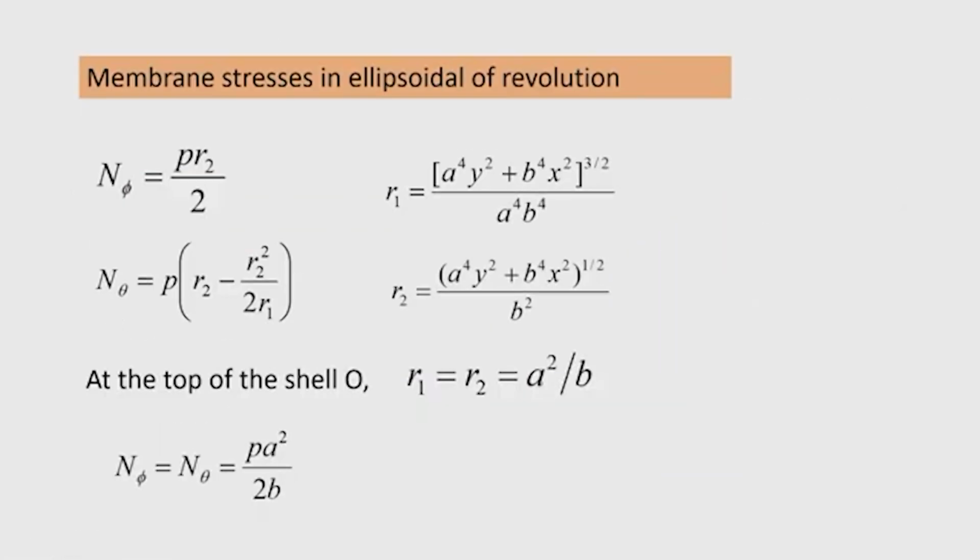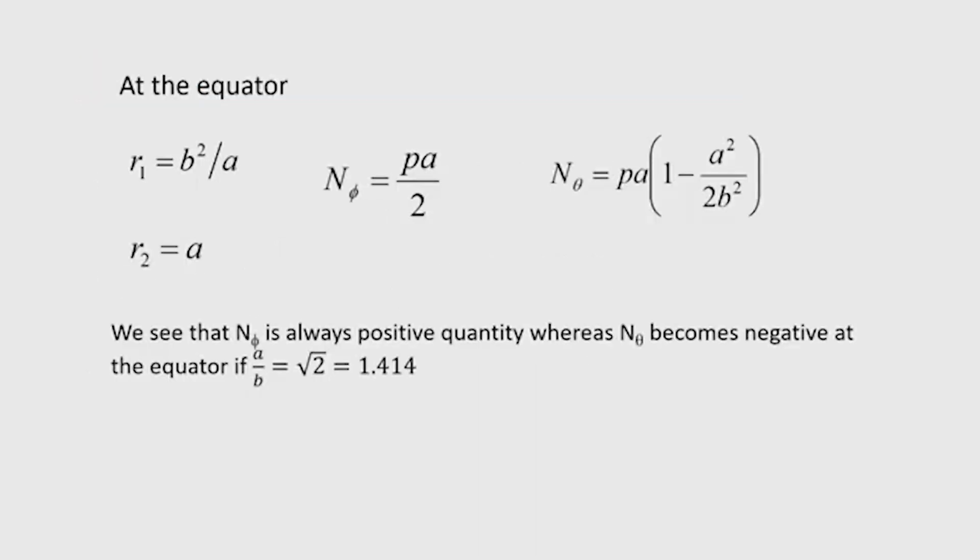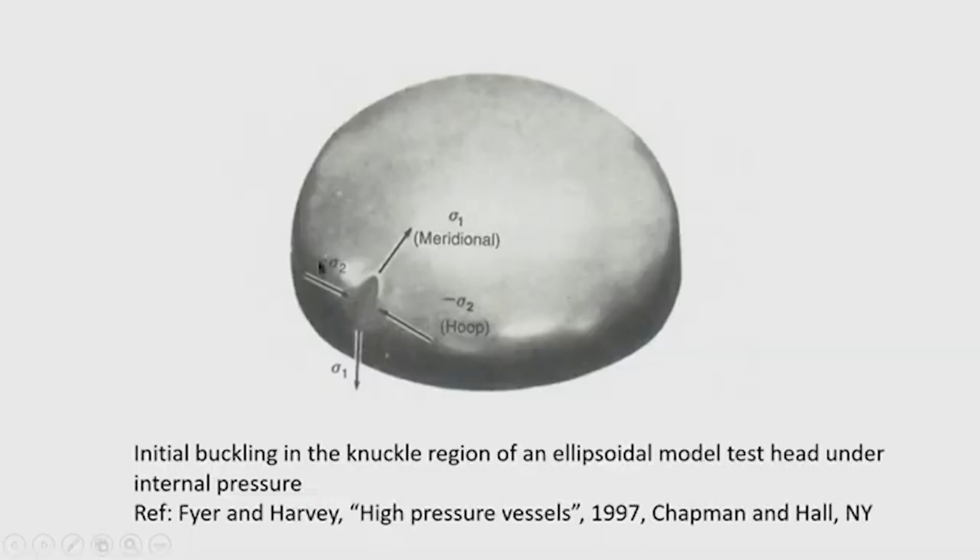So, this is given as evidence from some research paper, which is carried out experimentally to test the behavior of the closure head under the action of internal pressure, and a model test is carried out, and I will show a picture of the knuckle region of the ellipsoidal shell, where the buckling is taking place due to compressive stresses developed.